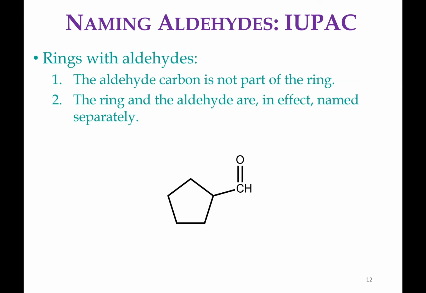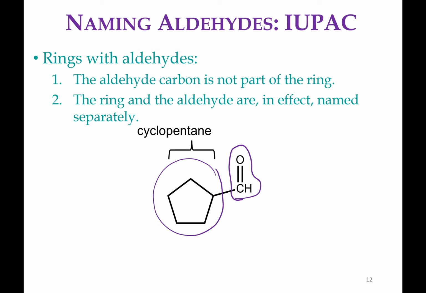Now, if we have an aldehyde connected to a ring, the aldehyde carbon is not part of the ring. It can't be because aldehydes have to be terminal. So the method of doing this is you're going to actually name the ring. So this would be cyclopentane, and then you write carboxaldehyde or carbaldehyde actually.